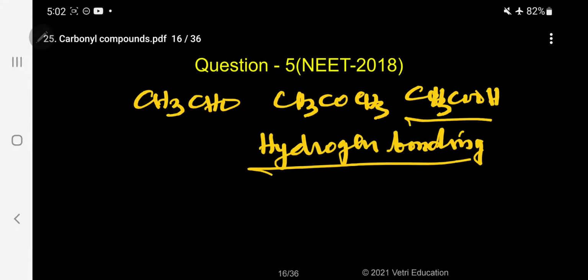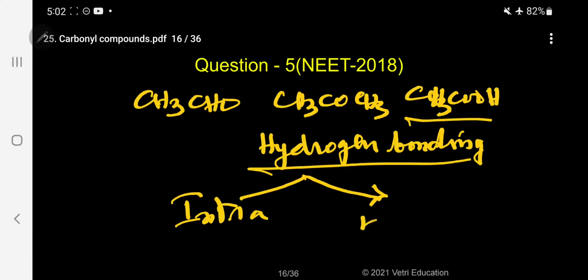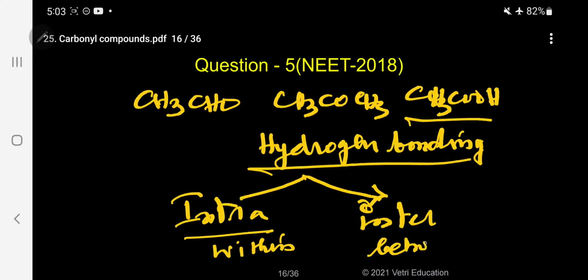A very simple example I can give you. There are two types. One is intramolecular, another is intermolecular. Please follow. Intra means within, inter means between two.